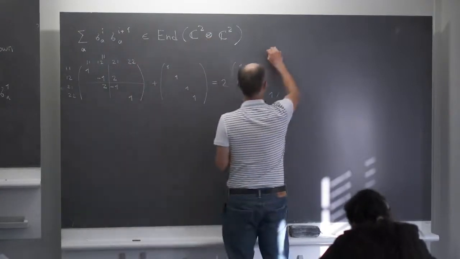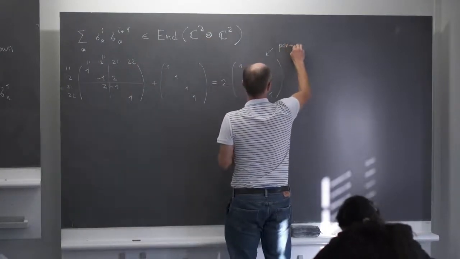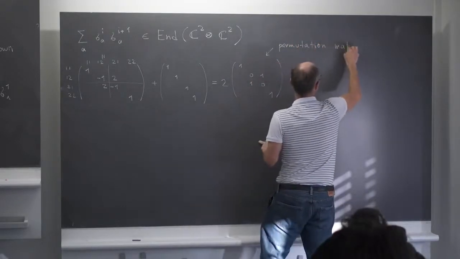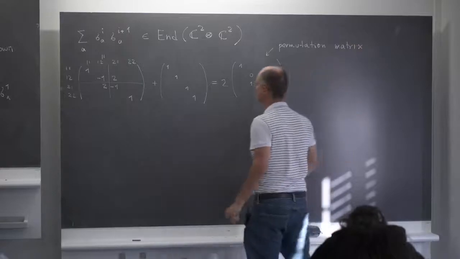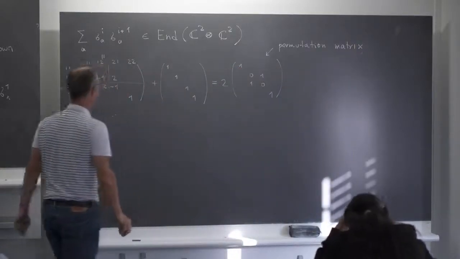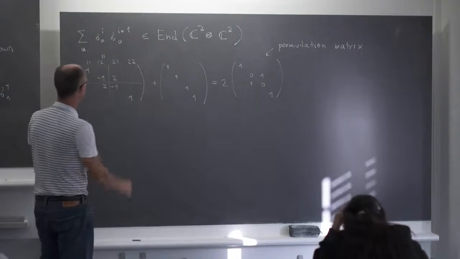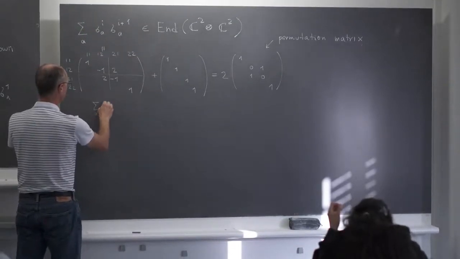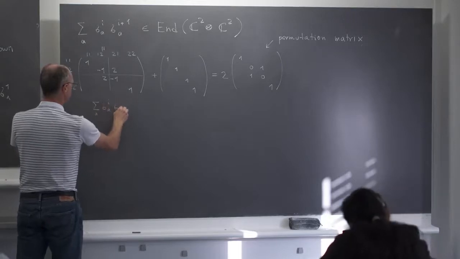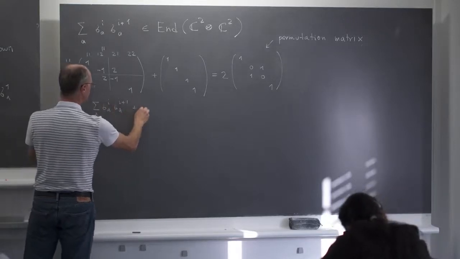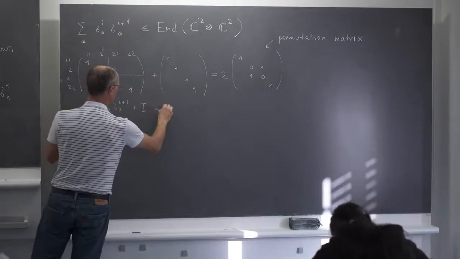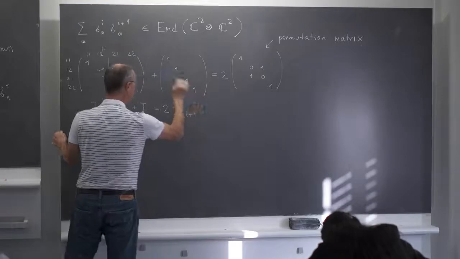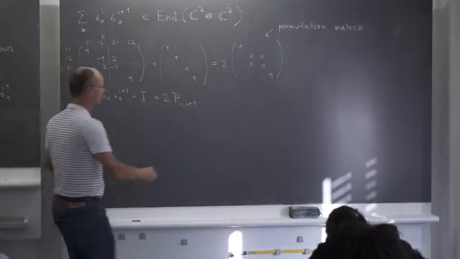So this is called the permutation matrix or permutation element. So what we see now is the following: the sum over a of sigma a i, sigma a i plus 1, plus the unit matrix is twice the permutation i, i plus 1.